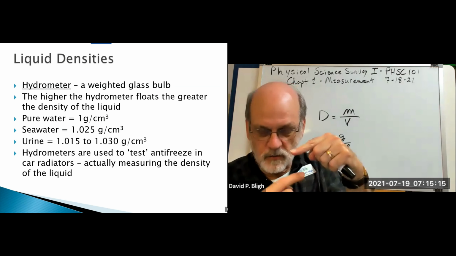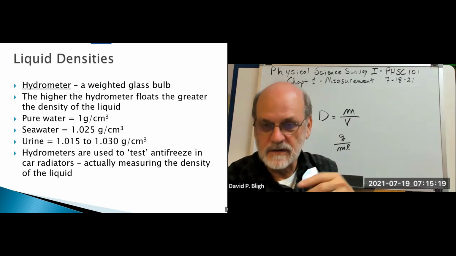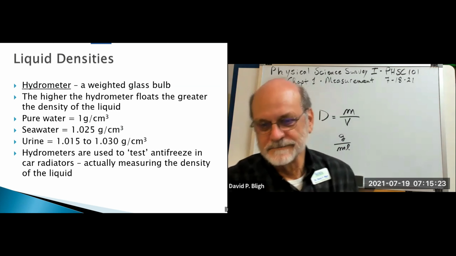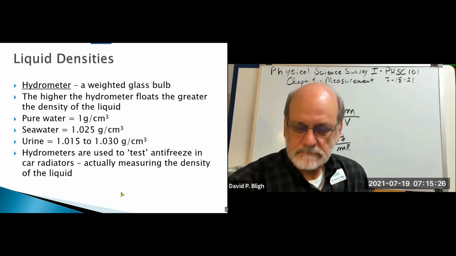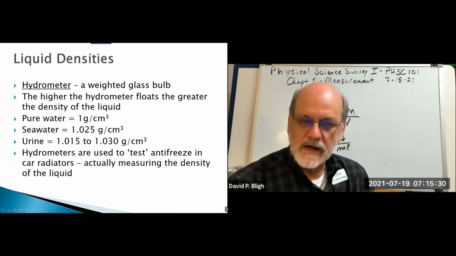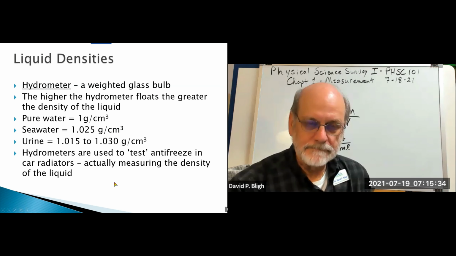If it was in a certain range, your battery was well charged, and if it was outside that range, it was either low charge or dead. Nowadays, we have sealed batteries, and that's not so much a problem anymore.